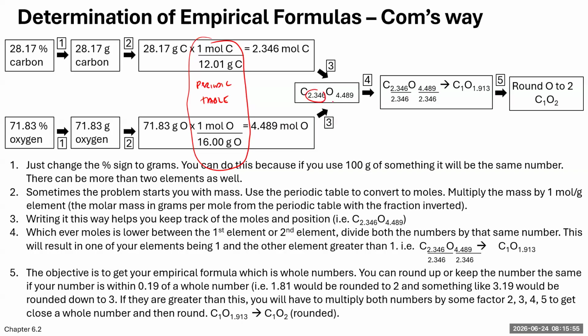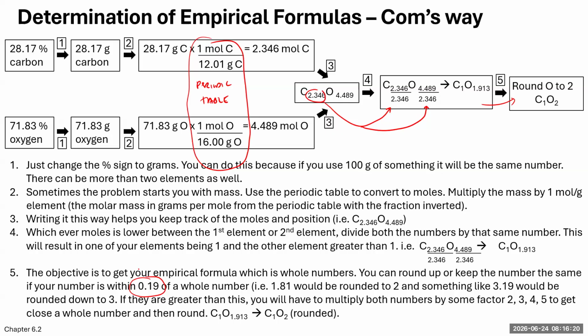This was the lowest moles, so we're going to divide both by that same number, which gives us 1 and 1.913. And we're just going to round that to CO2. We didn't have to multiply anything this time because it was close enough to round, right? It was within 0.19 of a whole number.